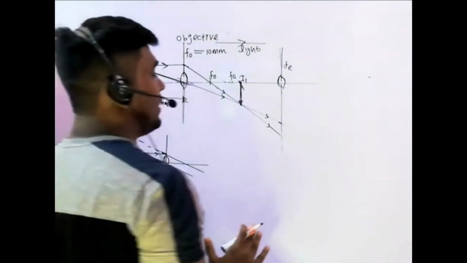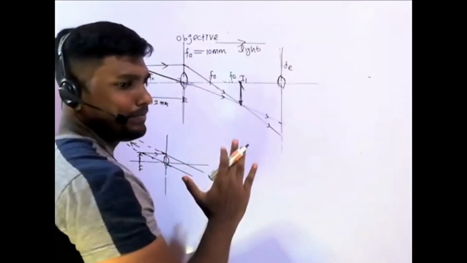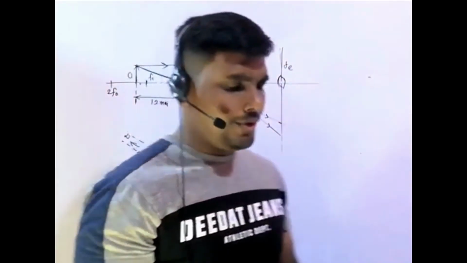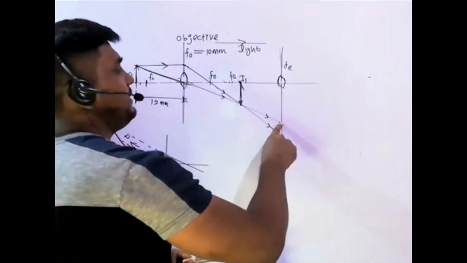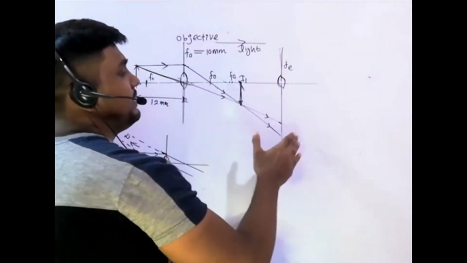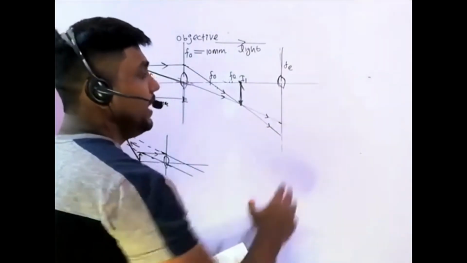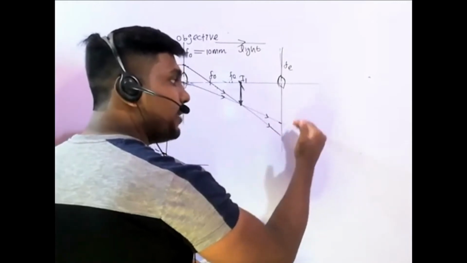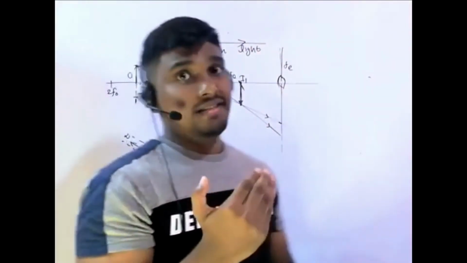We came up to here, we understood everything. But the problem is, how do we draw the remaining ray diagram? We drew until here, but now we don't have any idea how to draw the remaining part. In order to draw the remaining part of those rays, we are going to use two more additional rays.